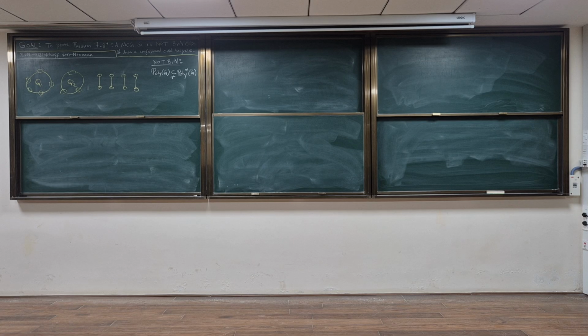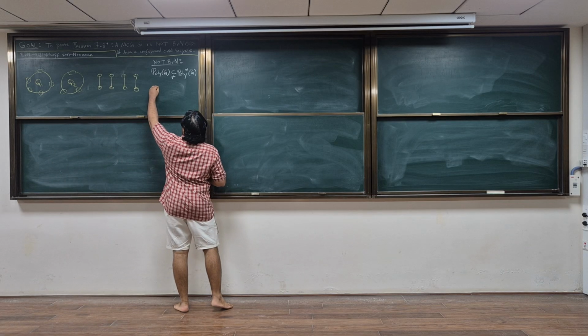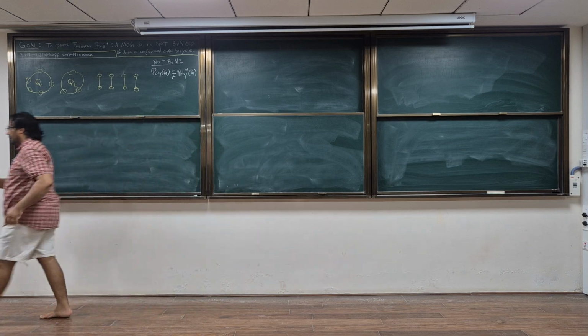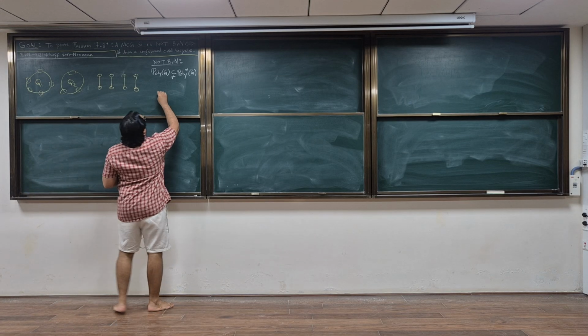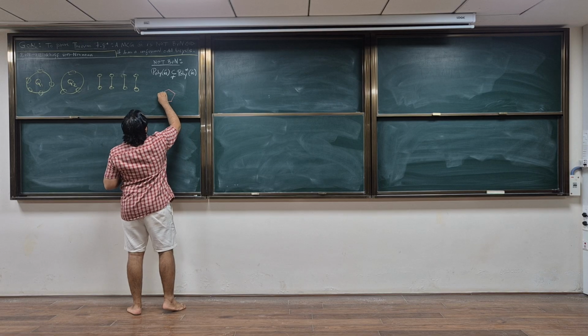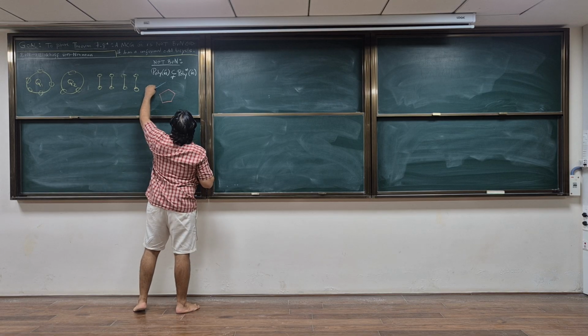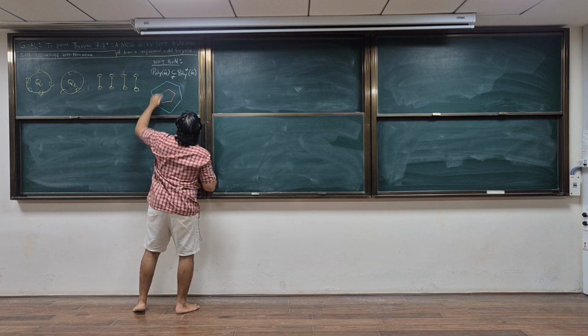Let's make a Venn diagram, or maybe a polytope diagram. Maybe it will serve two purposes. So maybe the perfect matching polytope looks like this. I'm just drawing in 2D, of course. And maybe the fractional matching polytope is something like this.